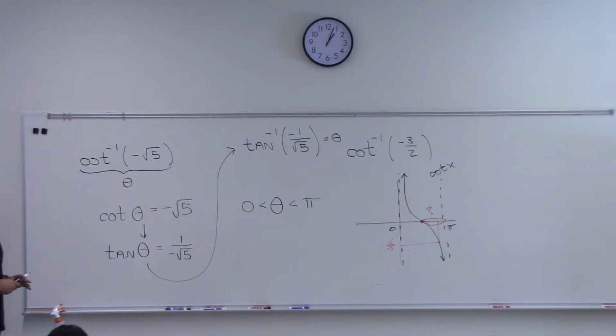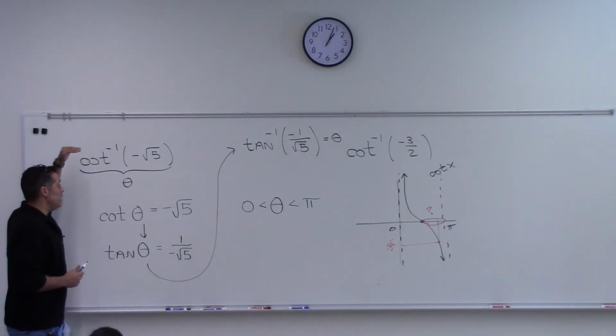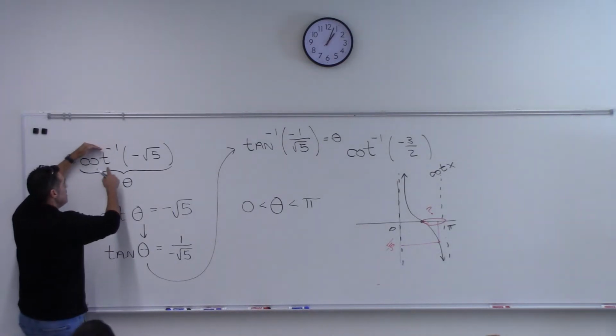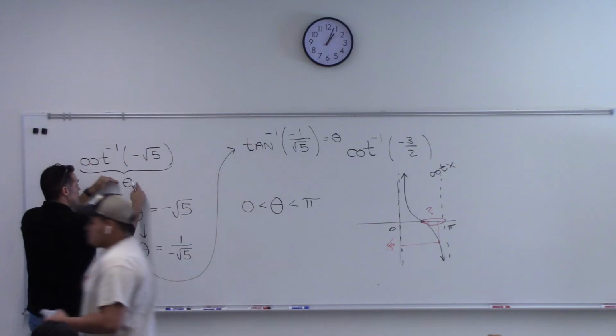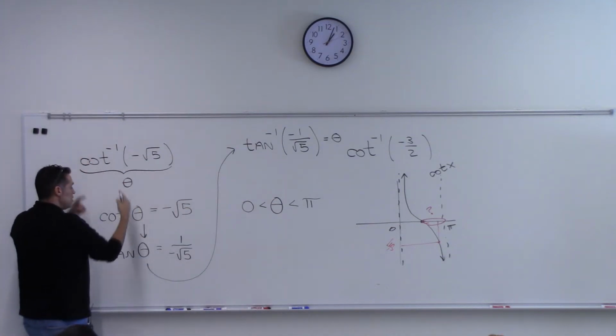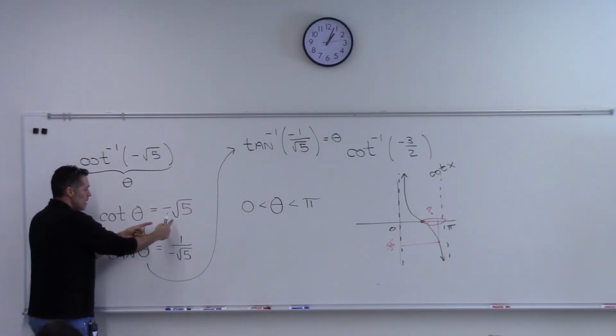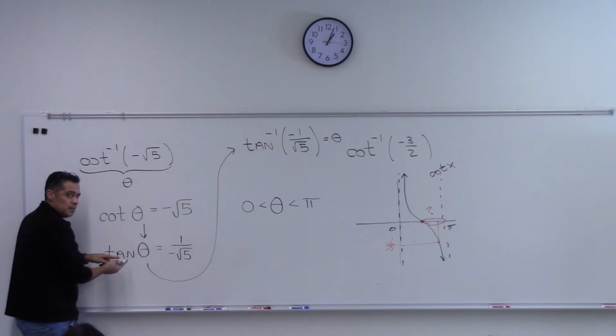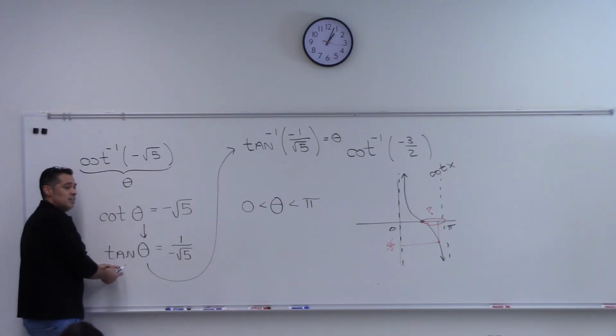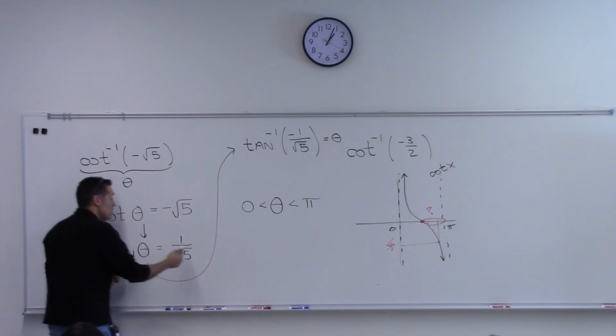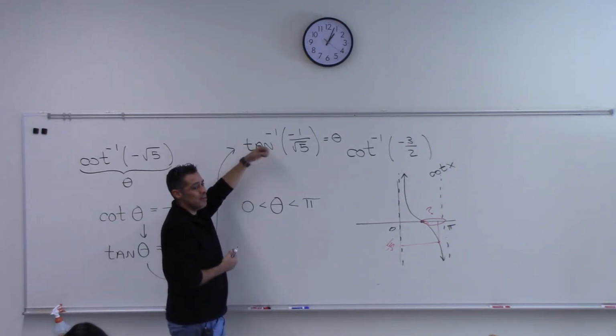You'll need to let me know if this is not making sense. We start with an inverse trig function, which gives us an angle. We convert that inverse to a regular trig function. Then we use the reciprocal property to convert it from cotangent to tangent. And then we use the property of inverse to convert that back to an inverse statement so I can use my calculator to get this.